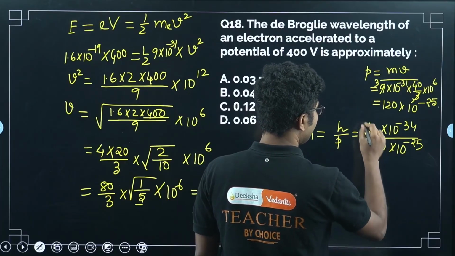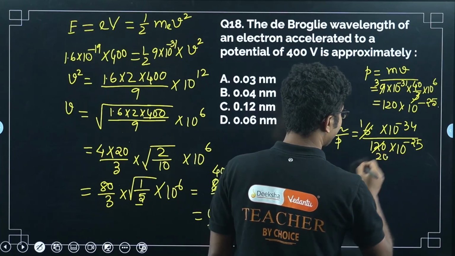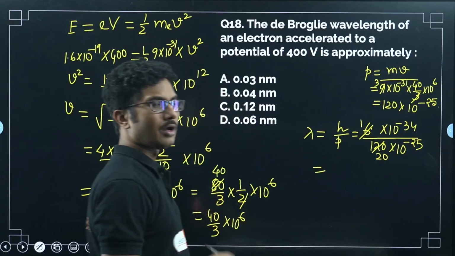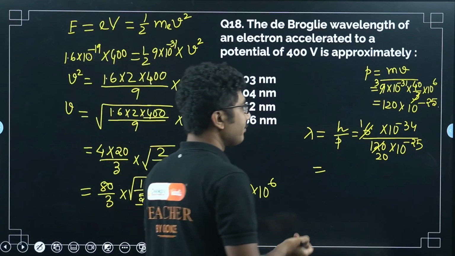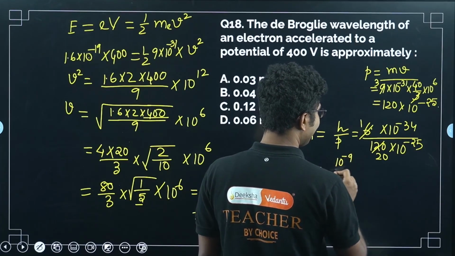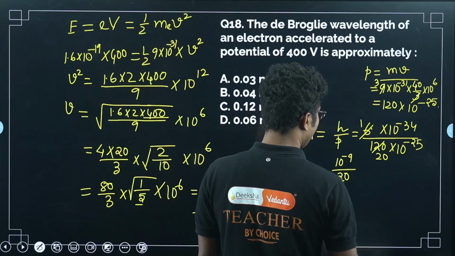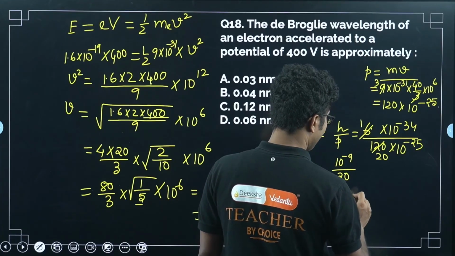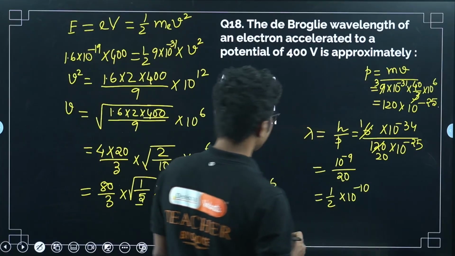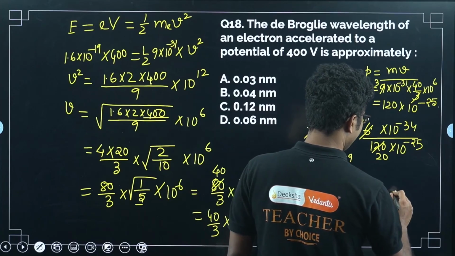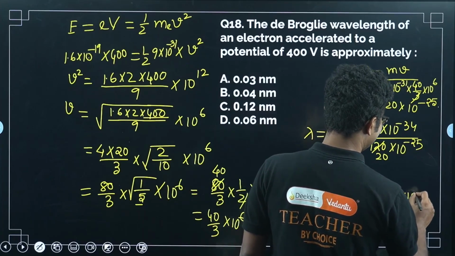So it will cancel, 1 by 20. So you can write this as 10 to the power of minus 34 plus 10 to the power of 25, so 10 to the power of minus 9 divided by 20. Okay, so you can write this as 1 by 2 times 10 to the power of minus 10, or you can write this as 0.5 times 10 to the power of minus 10.